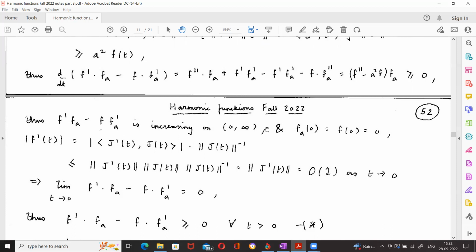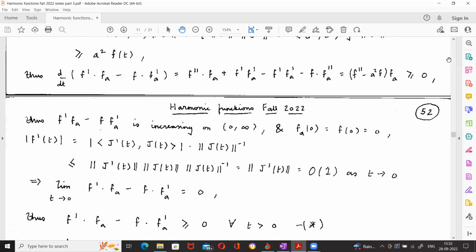Now fa of 0 is 0 and f of 0 is 0. So what I want to say is that actually the limit as t tends to 0 of this function f dashed times fa minus f times fa dashed is 0. I want to justify this. The only thing I have to be careful about in this limit is that f dashed may not be bounded near 0, right?